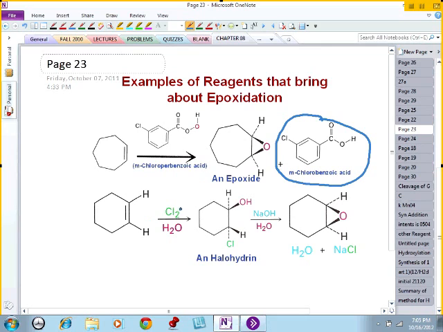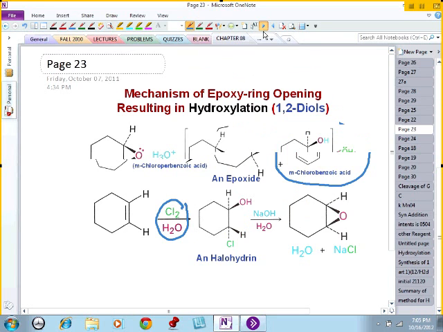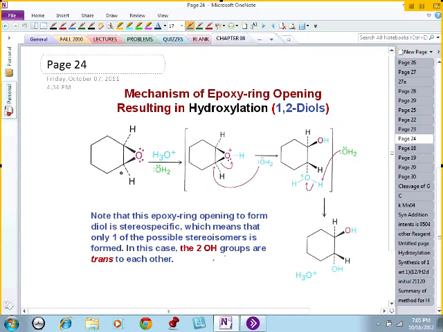And of course, this is an example of the halohydrin that we gave you to form this here, and then followed by sodium hydroxide to form the epoxide. And then we open up the epoxide with hydronium ion to form the diol. You don't need to worry about this mechanism. I simply just want to show you for those of you who might be interested.